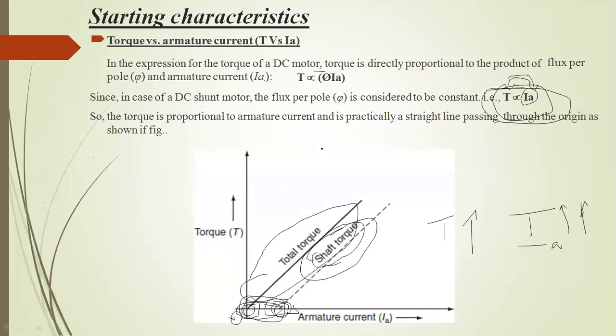Wherever medium torque is required in your applications, whether domestic or industrial, there we select the DC shunt motor. So this is the characteristic between the torque and the armature current.